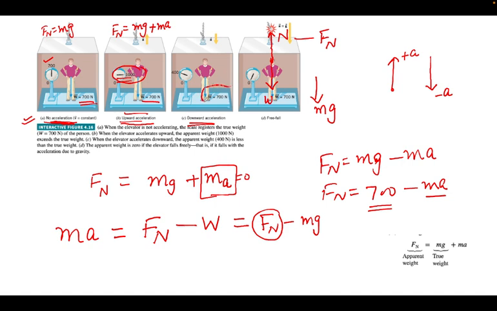That's why, if the weight of the person is 700 Newton, the weighing machine in the elevator is showing a lesser reading, which shows that the lift is moving in the downward direction.